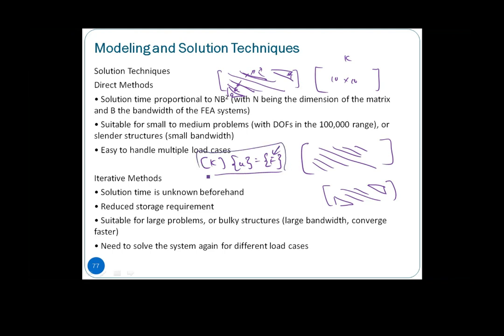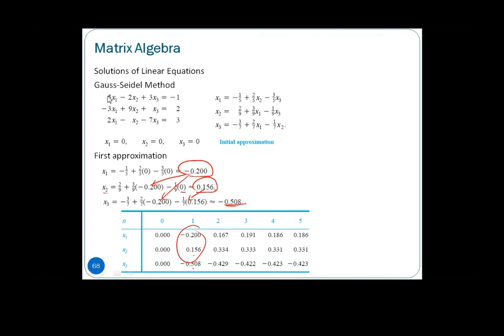But in the case of iterative, if you still remember what we shared before, every time the load itself has to be considered and solved in every iteration. This is your K x or K u equals to f, this is your f itself. So f1, f2, f3 are being used for each iteration to solve.